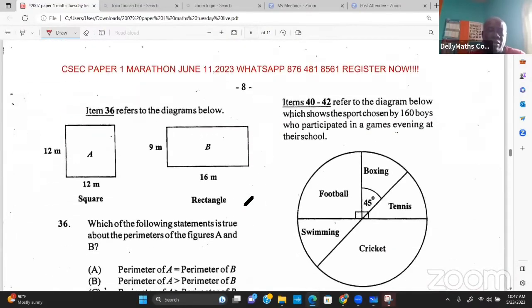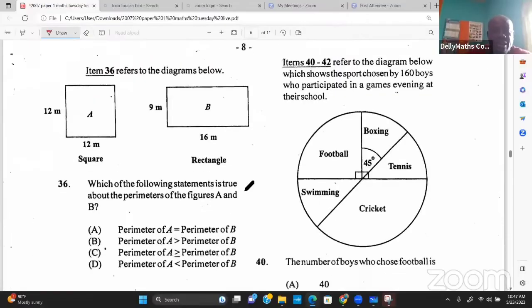All right, let's go. Number 36. Number 36 is saying here that item 36 refers to the diagram below, right? And it says we have a 12, so this is a square and we have a rectangle. All right, cool. Which of the following statements is true about the perimeter of figure A and B? Well, what I'm going to do, I'll make sure that I finish this off.